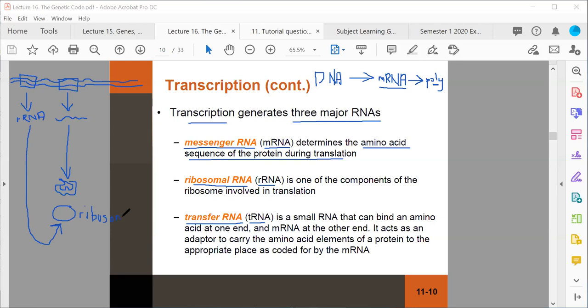And you probably remember from previous slides that it's the ribosome, the protein factory, that is responsible for synthesizing this polypeptide. All right, I should have called this messenger RNA.